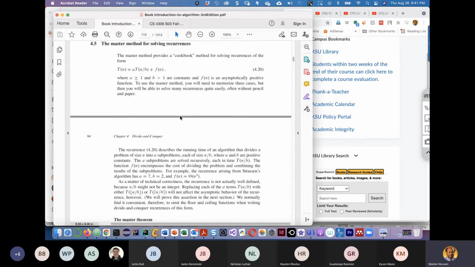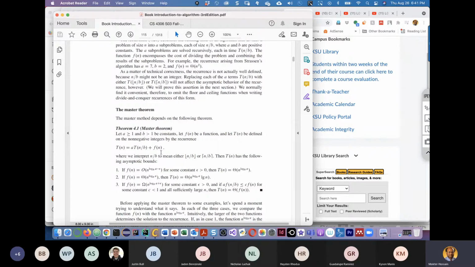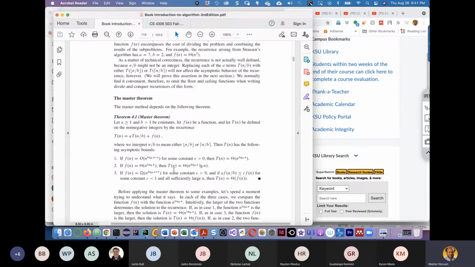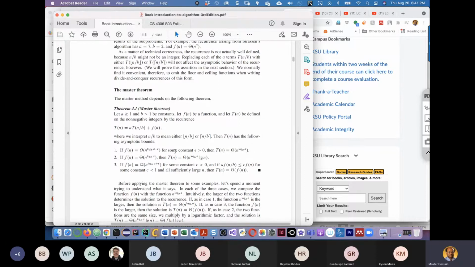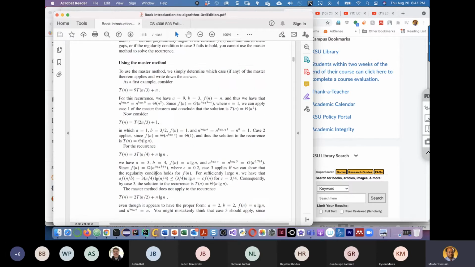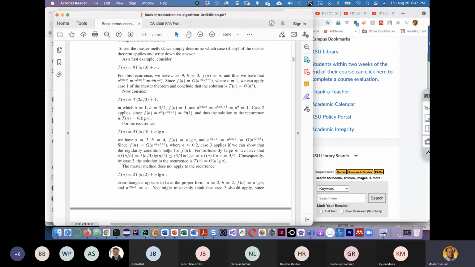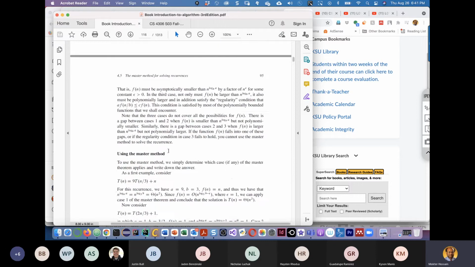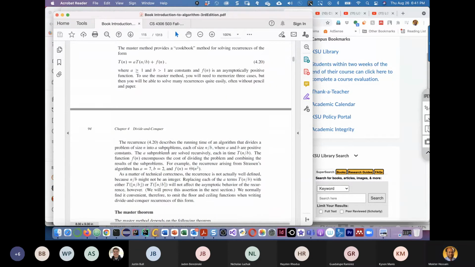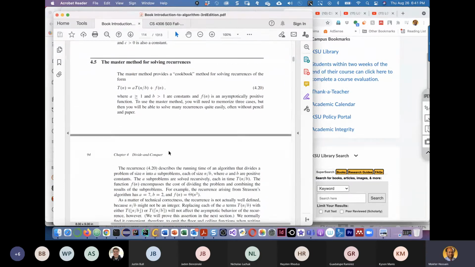In Master Theorem, we have three cases: case 1, 2, and 3. We will learn these three cases, and then we will solve some examples, some problems like this. If we solve these problems, then we should have a good understanding of Master Theorem.